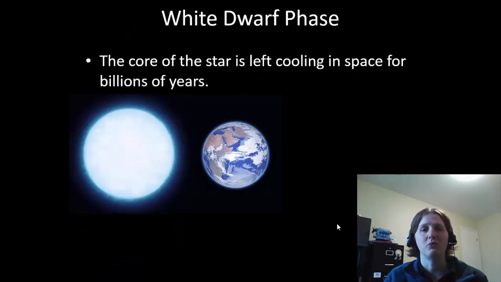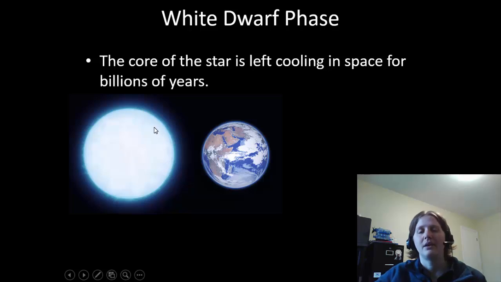We're going to talk about white dwarfs more later, but for now, let's just say that it'll take billions of years for the core of the sun to cool off, and it's going to be about the size of Earth. Okay? Don't picture Earth orbiting this thing at all, because Earth is going to be long gone. Earth is probably going to get eaten by the sun when it's a double shell burning star.